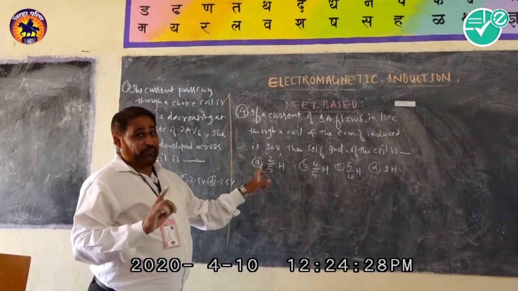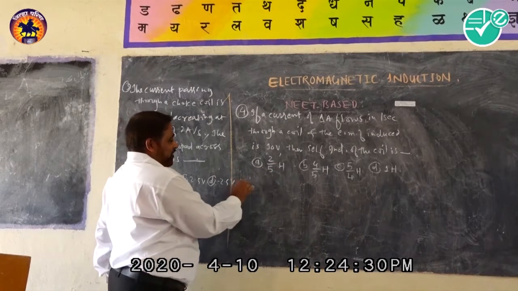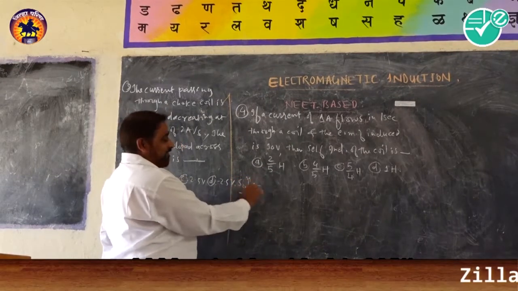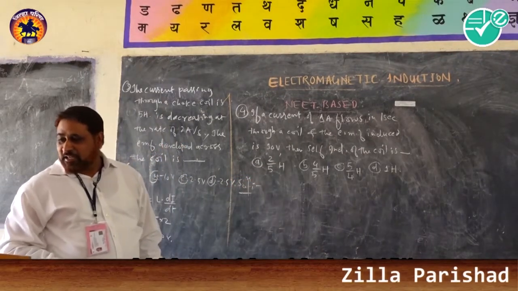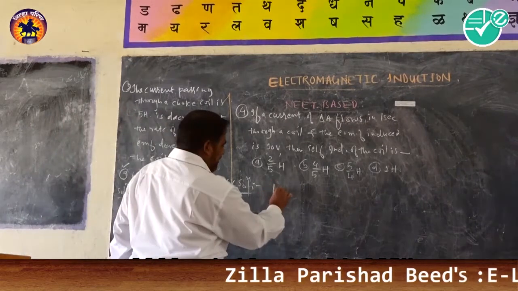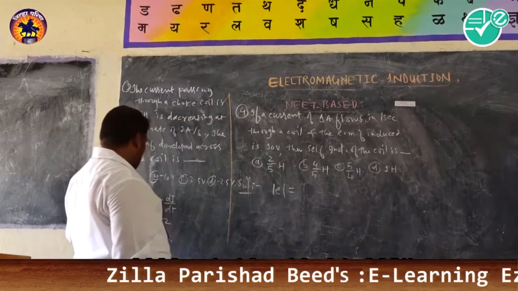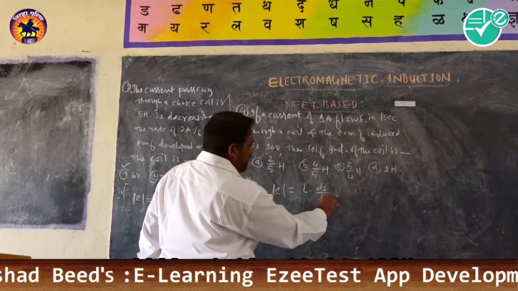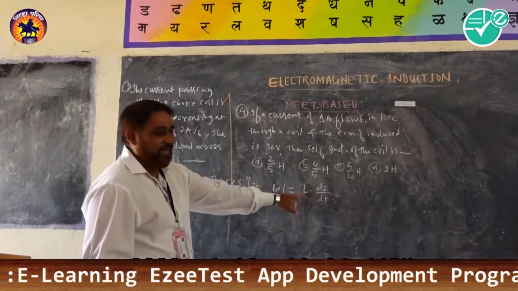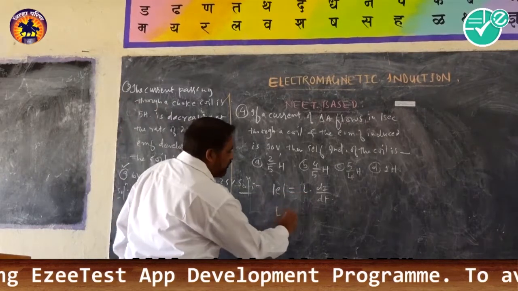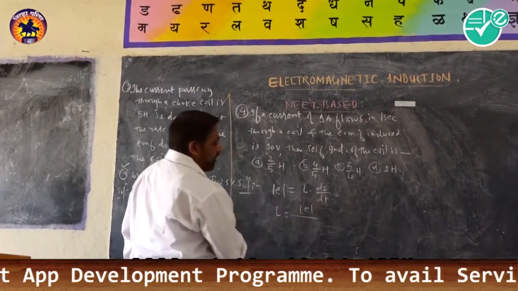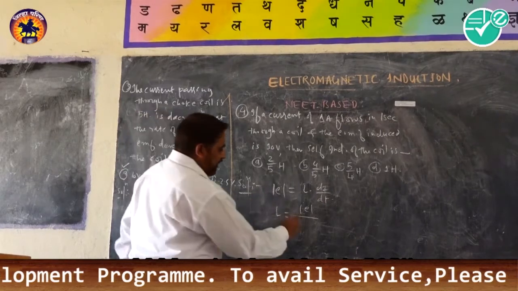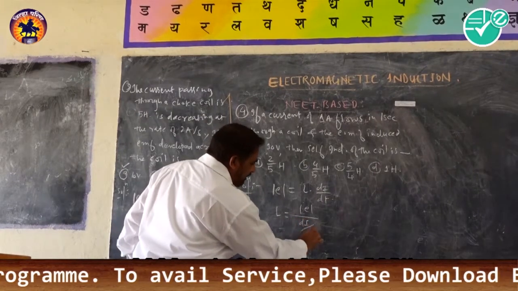See here, the solution, we are using the same thing. The absolute value of EMF is equal to L into di by dt. But here we are interested to find L. So L will be equal to mod E divided by di by dt.